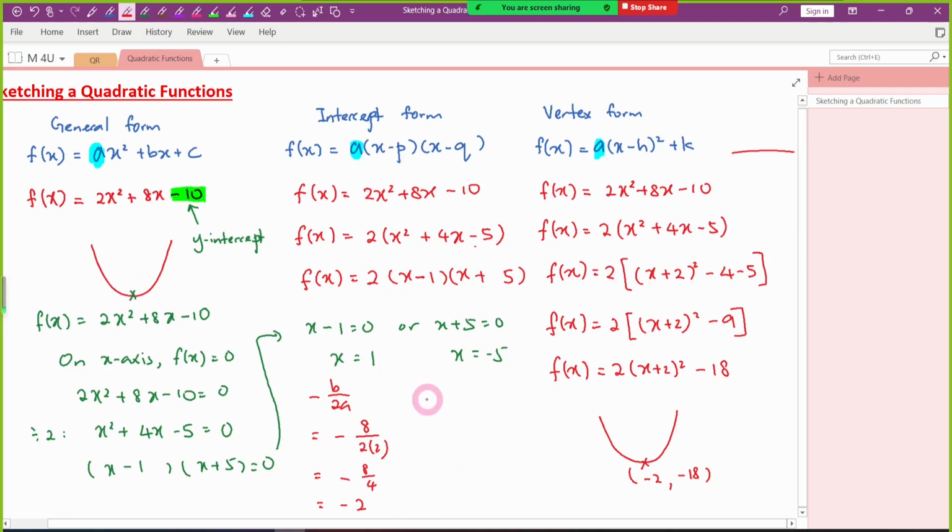Now I'm going to find the y coordinate of the minimum point. When x is equal to -2, I'm going to substitute the value of x into this function. 2 times -2 squared plus 8 times -2 minus 10.